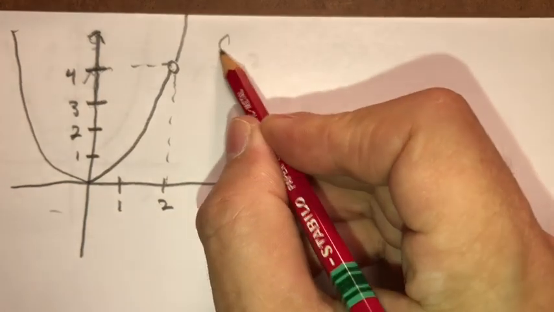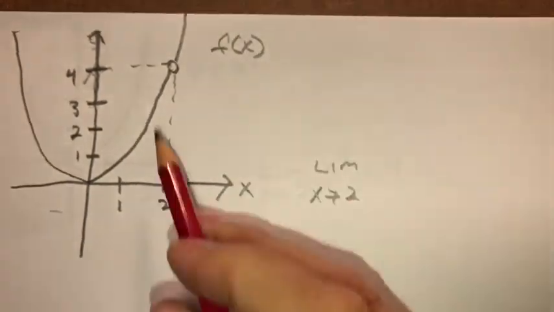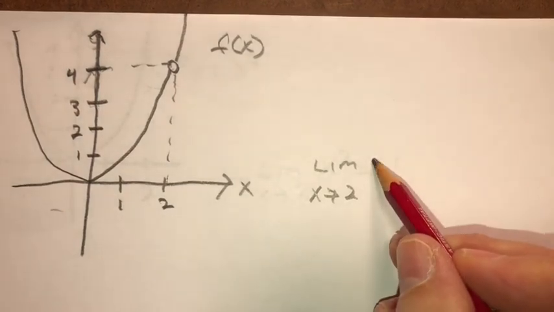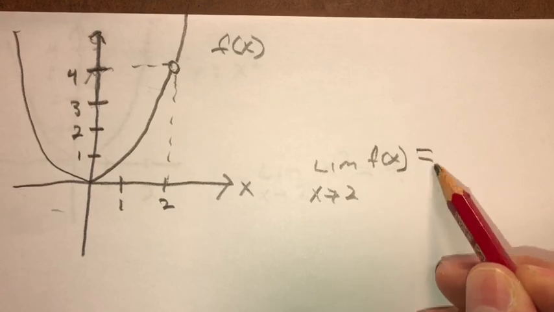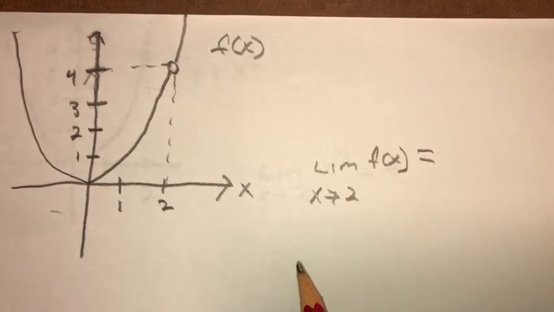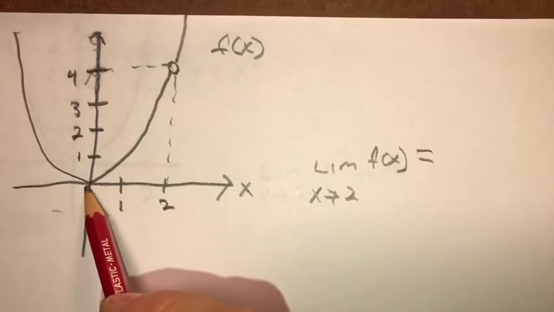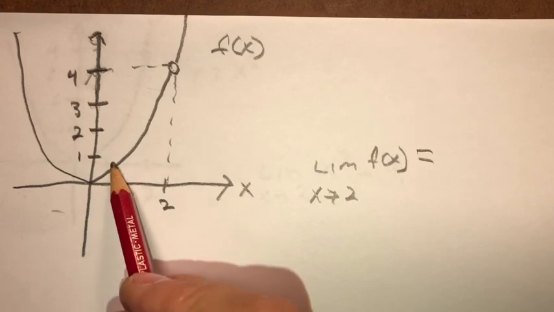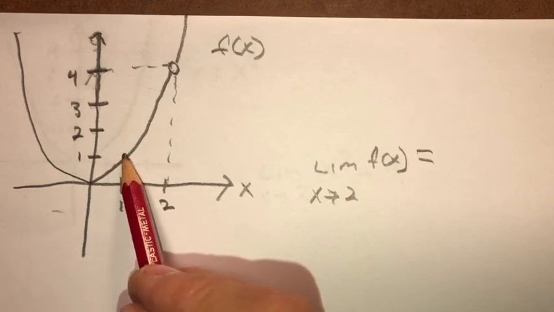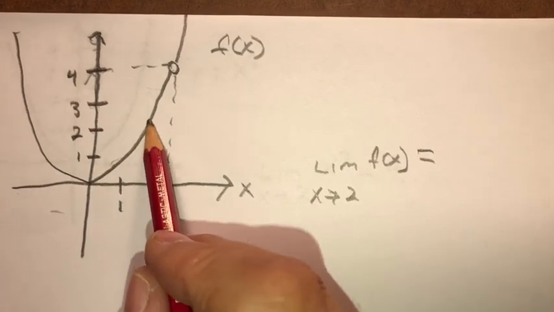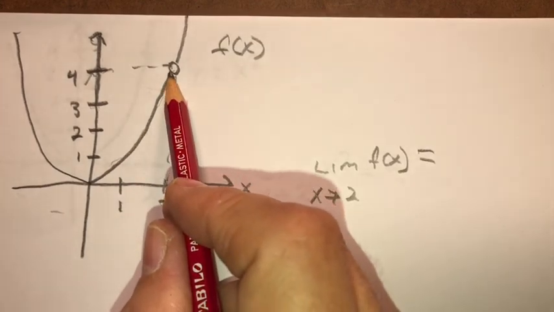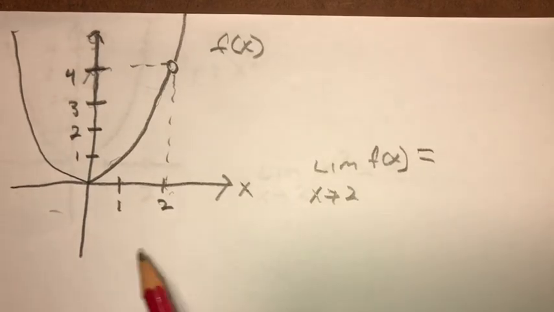I'll just call it f of x for now, because I modified it from x squared a little bit. So what happens? Well, if I get on this function from the left and I start surfing towards x equals 2, and I have to stay on the function, what y value am I approaching? Well, I'm still approaching 4.